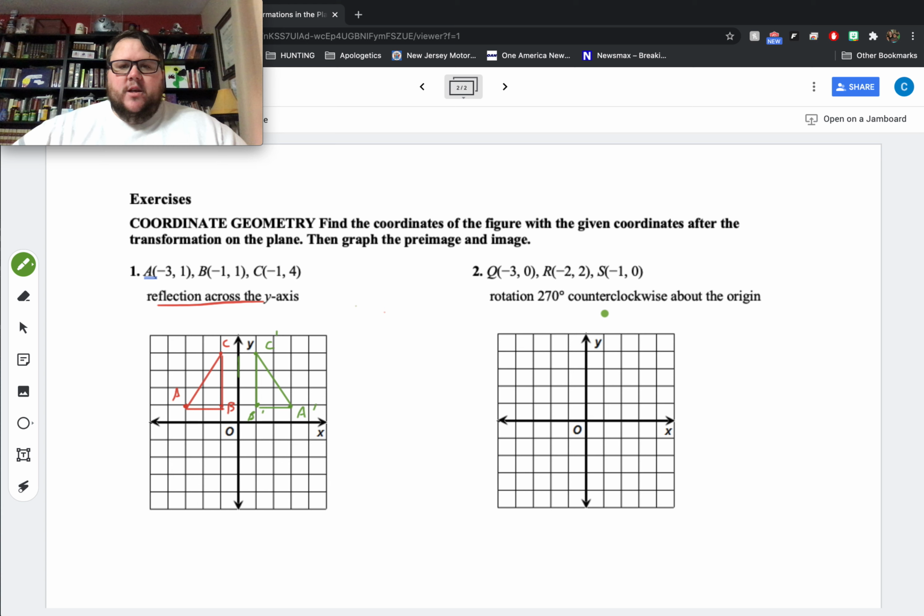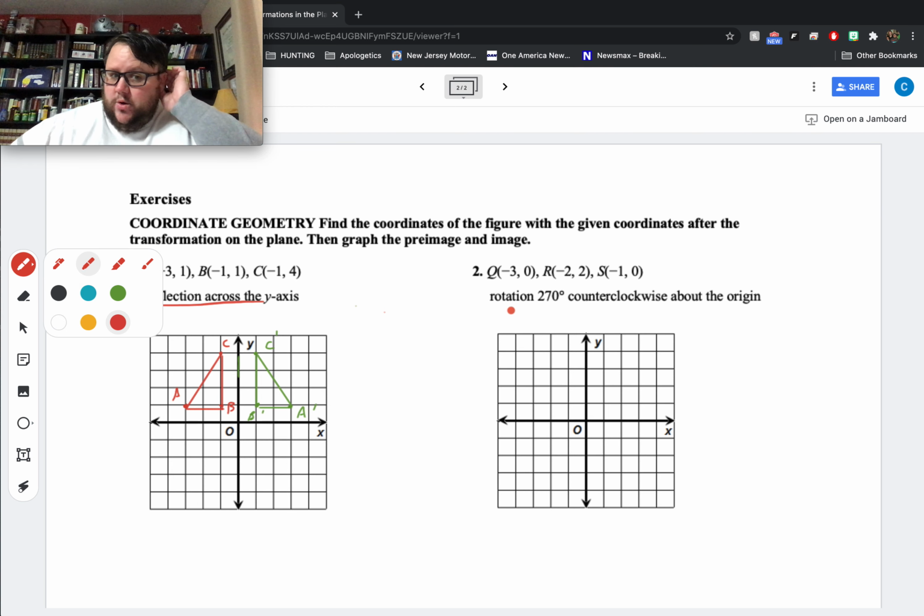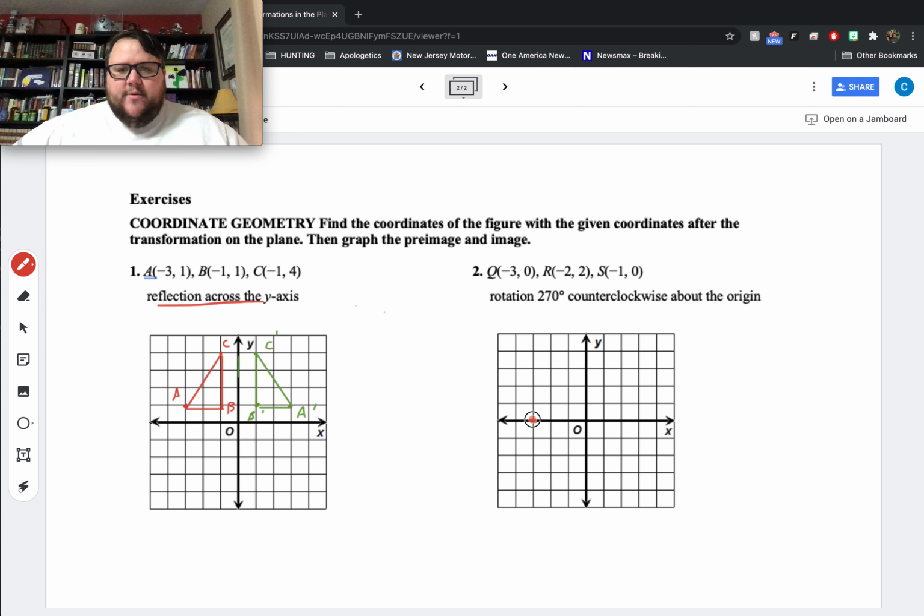Now I want to do the rotation for you guys. I'll do our pre-image in red again. Negative 3, 0 is Q. R is negative 2, 2.